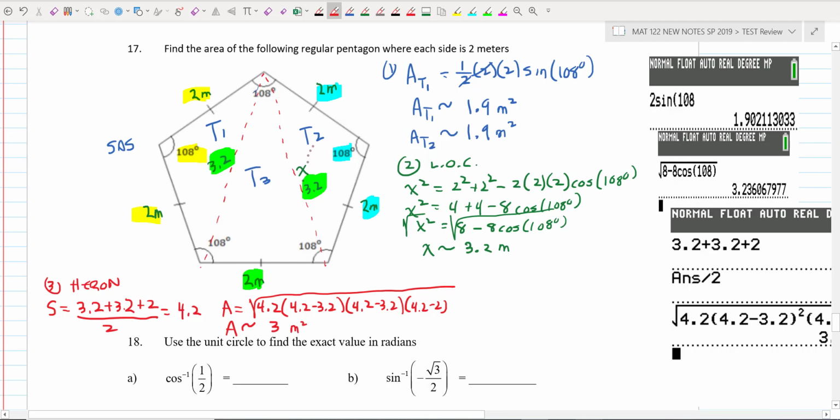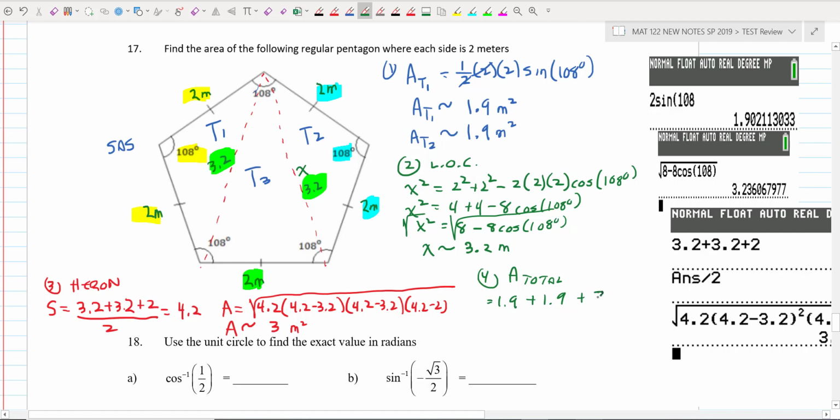If you look at this visually, the area of these three triangles, they look all about the same. So step 4 would just be find the area total. So the total area, you just add them all up. The areas were 1.9 meters squared and 3.